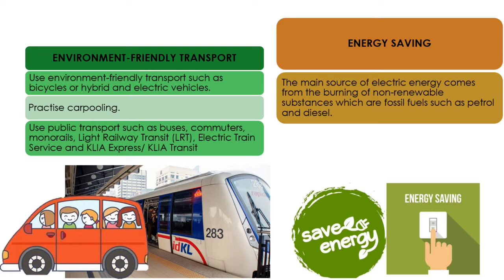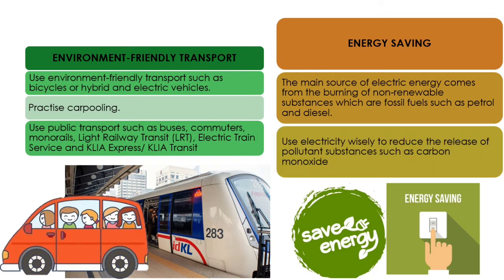So we must use electricity wisely in order to reduce the release of pollutant substances such as carbon monoxide, because in the power generator that uses fossil fuel, we release much carbon monoxide and carbon dioxide. So we have to practice energy saving such as turning off electrical switches when not in use.